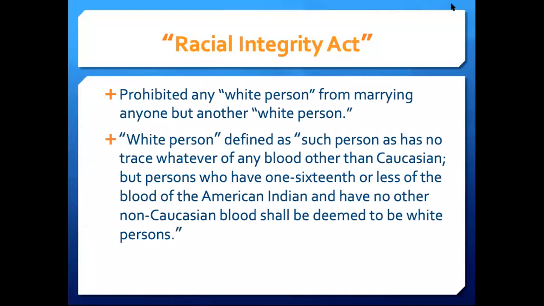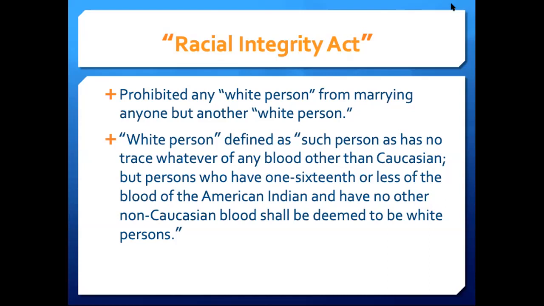When I first started teaching this case, I found that part about the American Indian, the 1/16 or less, to be really interesting and sort of odd, and I was wondering why it was written this way.